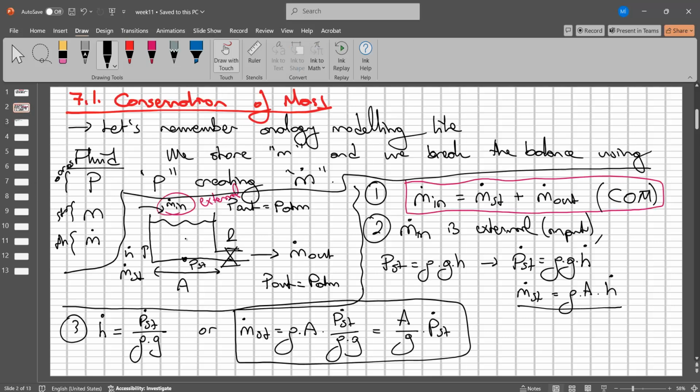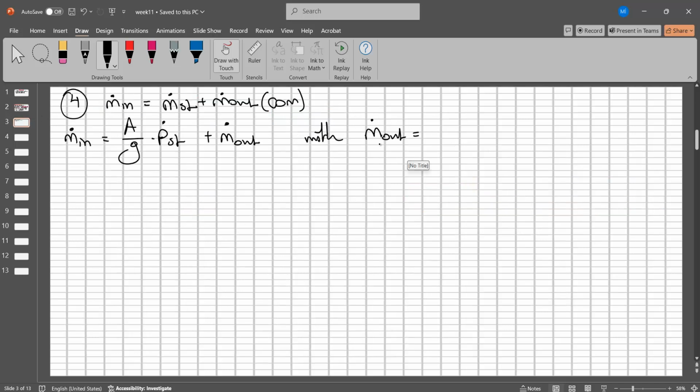Just see that we have the P storage, or the pressure of the storage, and also we have P out, which is equal to PATM. And so how can we derive M out dot? No, you need to use the pressure values.